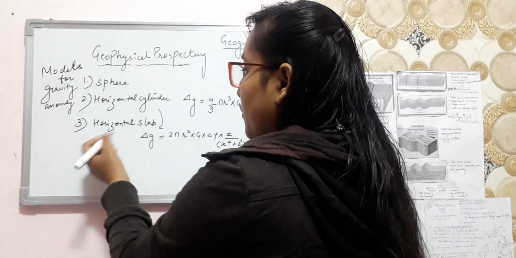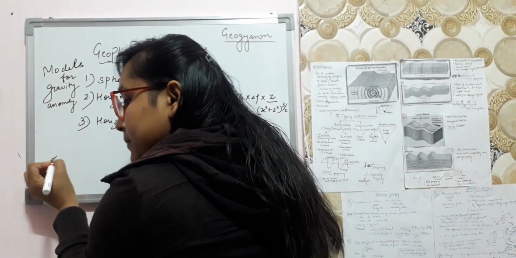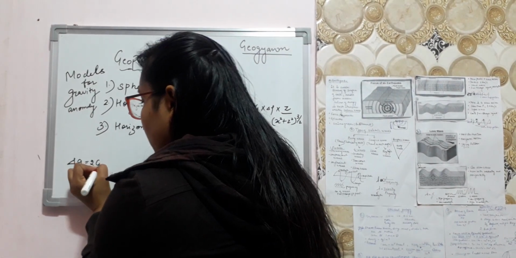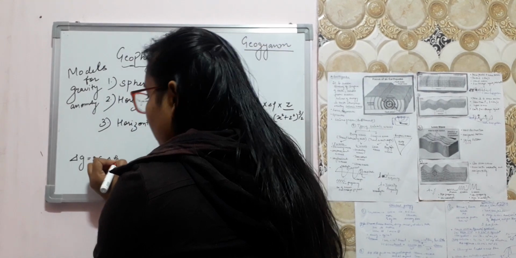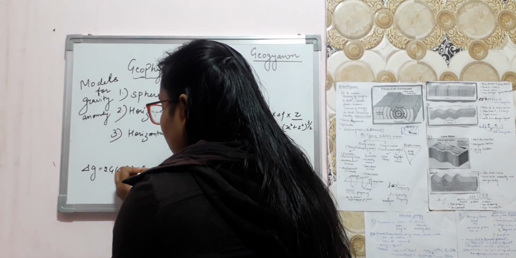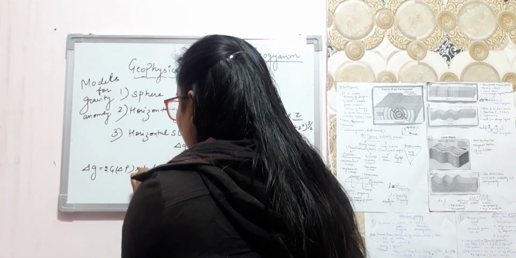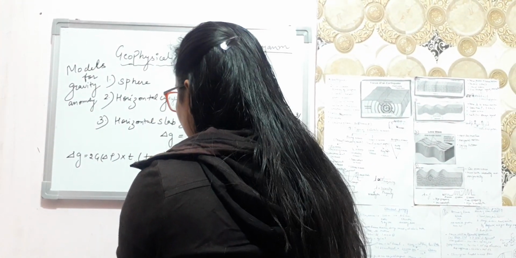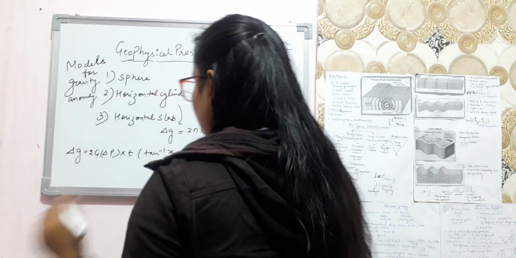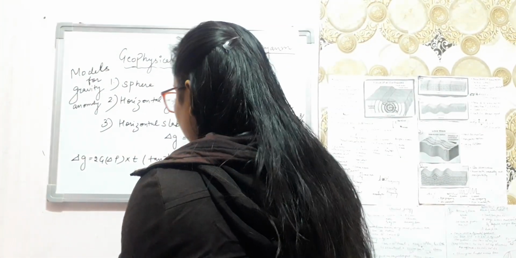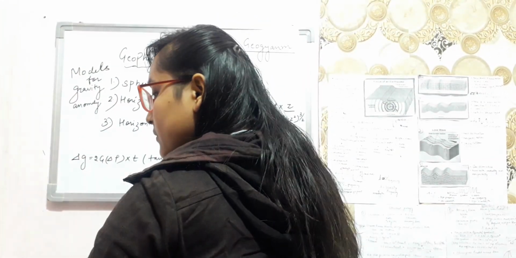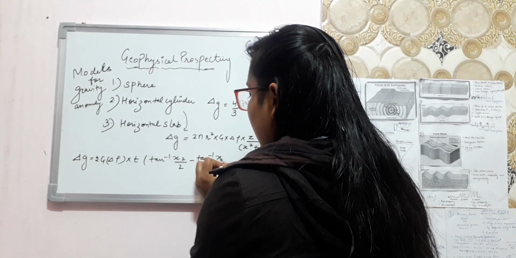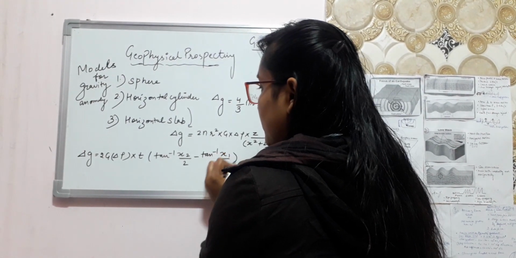And for the horizontal slab, it is delta G equals 2 G delta rho into T into (tan inverse x2 by z2 minus tan inverse x1 by z1).